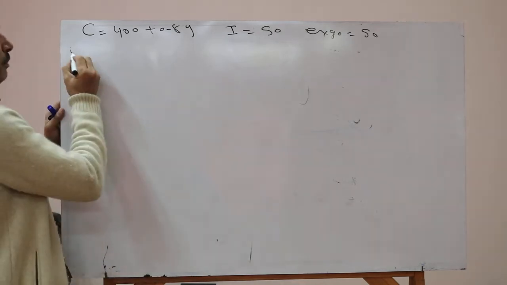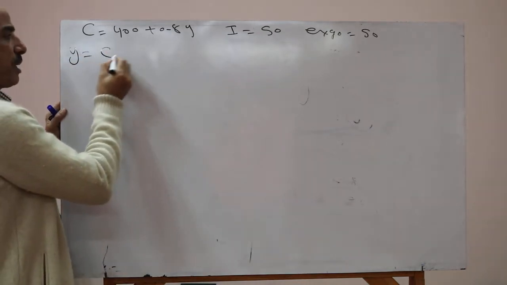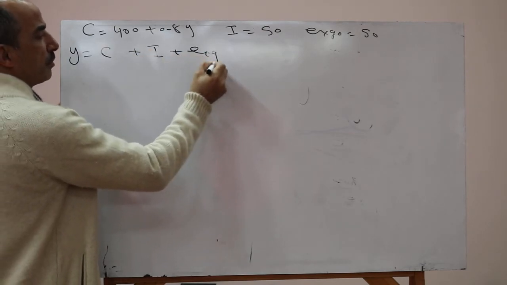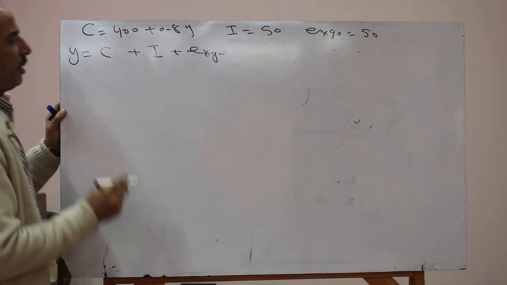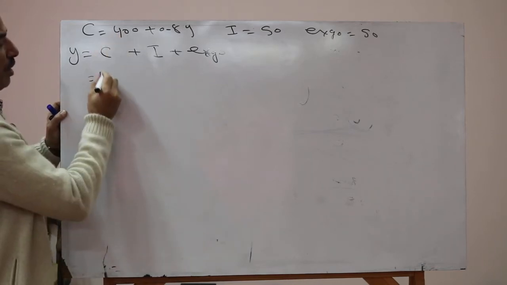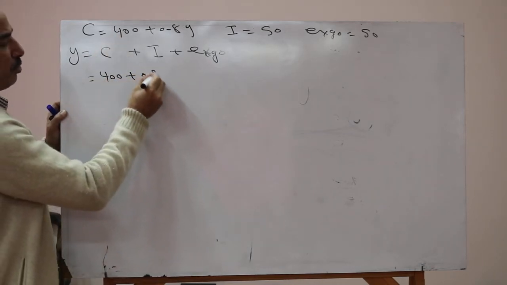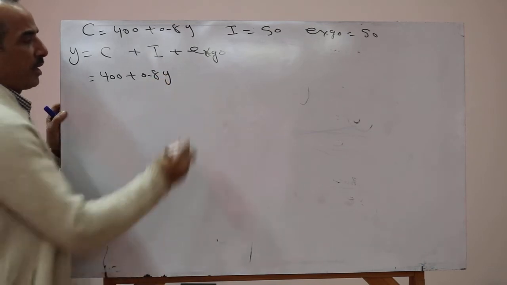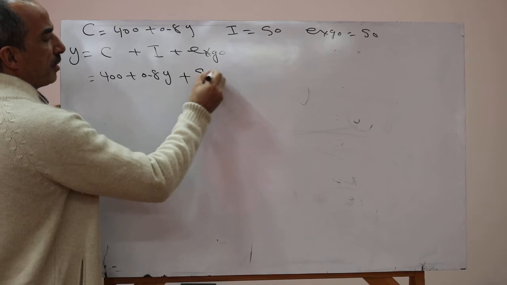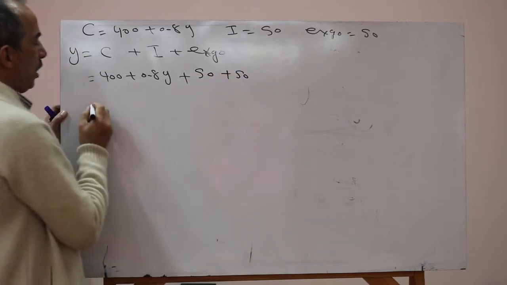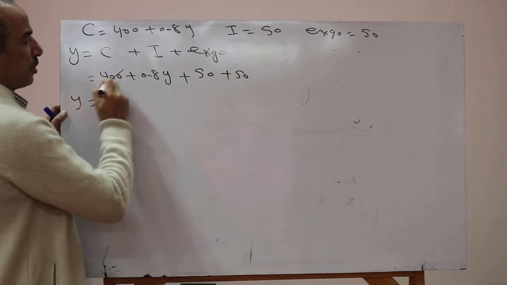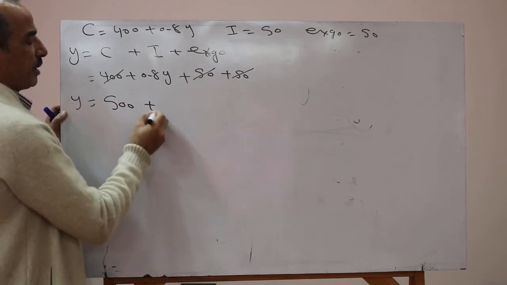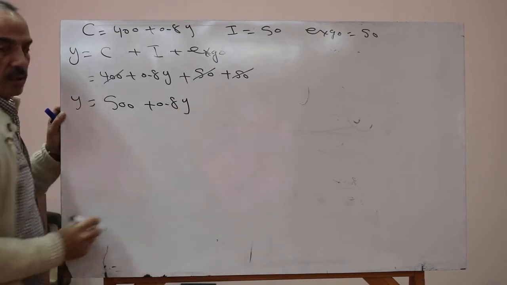The national income is total demand, which equals consumption plus investment plus government expenditure. So y equals 400 plus 0.8y plus 15 plus 15, so y equals 500 plus 0.8y.